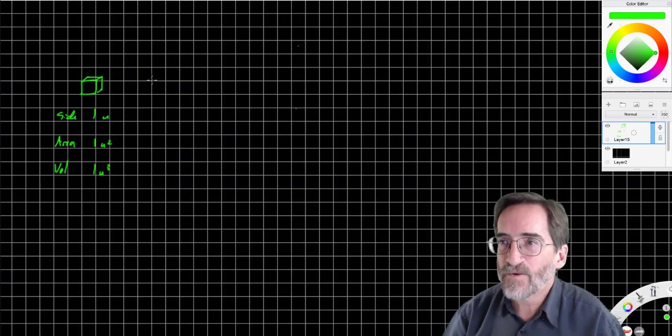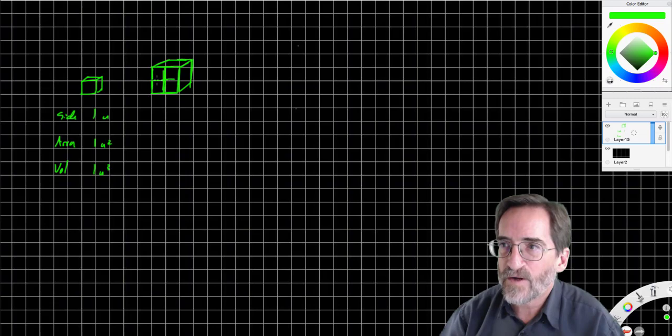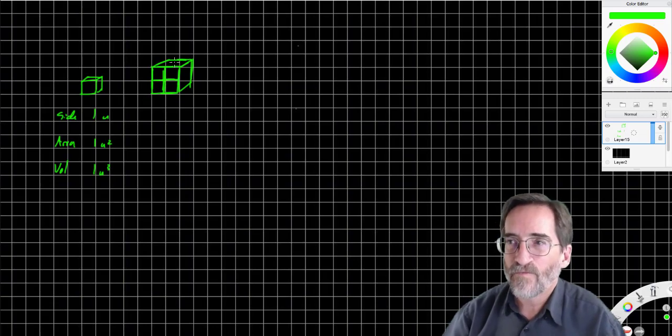Now let's double the dimensions here, and let's make a cube that is 2 by 2. What happens when we double the dimensions? Well, you can hopefully see that we multiply the area by 4.